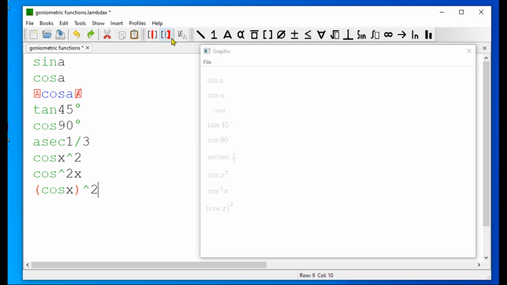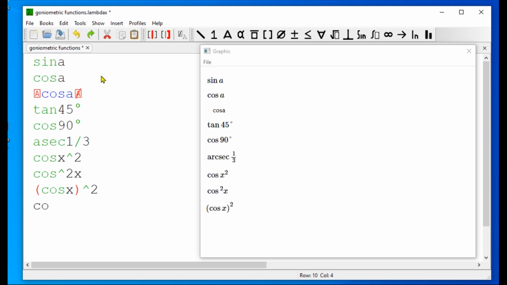I would also like to remind you that, generally speaking, the angle, which is the subject of goniometric functions, must be expressed either through the number and the symbol of degree or of angle, or through Greek letters. To enter Greek letters, it is enough to enter the Greek prefix, which is Ctrl+G, and the corresponding Latin letter.